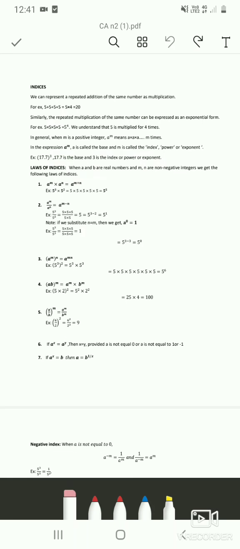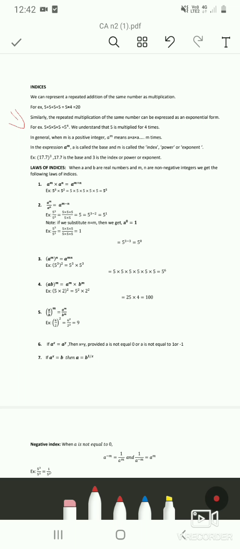In a similar way, the repeated multiplication of the same number can be expressed in exponential form. For example, 5 into 5 into 5 into 5 we can write in a simple form, that is 5 raised to the power 4.